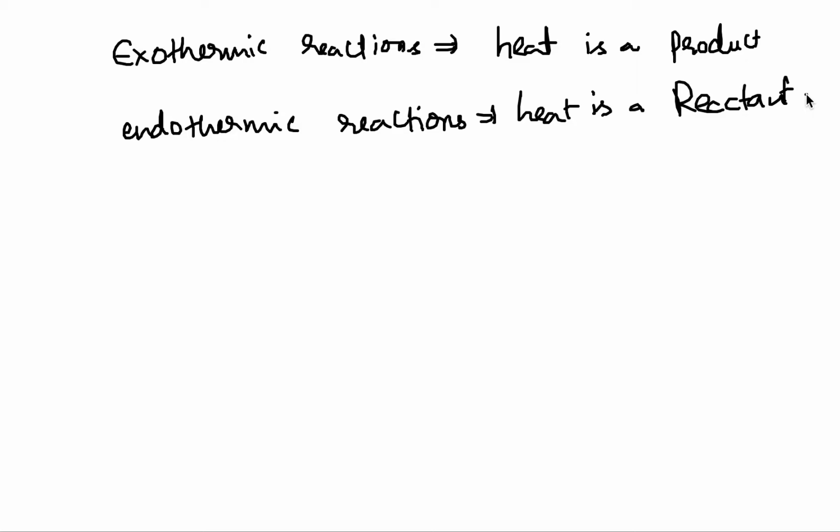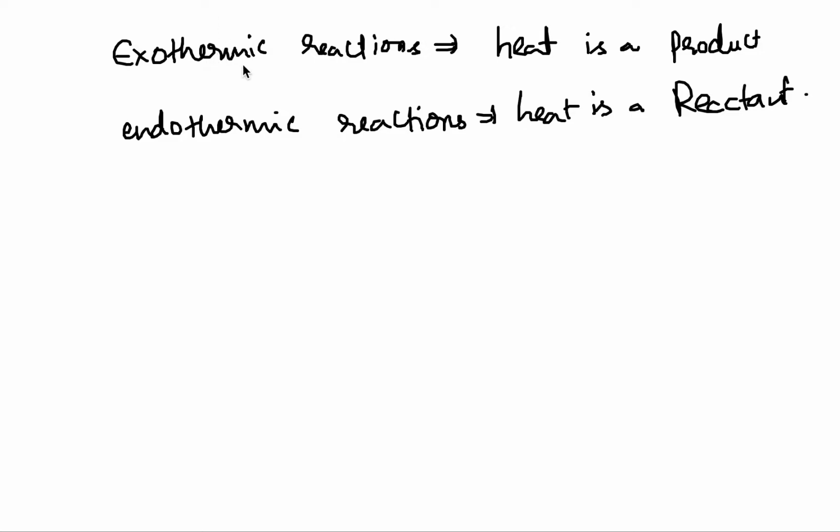So what is thermochemistry now? It deals with energy changes involved in chemical reactions, and we learned that reactions are of two types in terms of the energy factor, that is endothermic reactions and exothermic reactions.